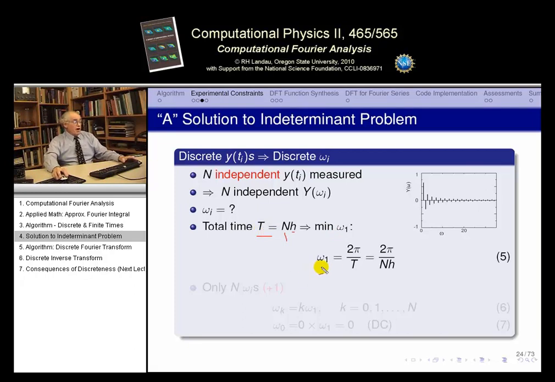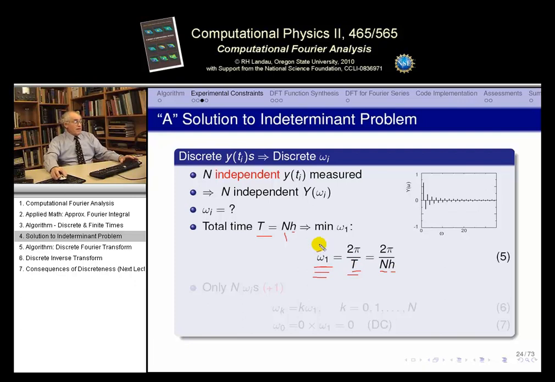So omega sub 1, the lowest frequency which we can see in those data, the lowest frequency that's present that we can measure, corresponds to 2 pi over the period t. So as the period t, capital T, gets larger, we can see smaller and smaller values of omega. That's just the way mathematics works. Okay? So that's our limit. And capital T, of course, is just capital N times h.